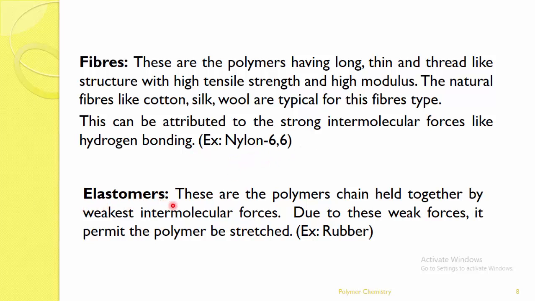Second, elastomers. These are polymer chains held together by the weakest intermolecular forces. Due to these weak forces, the polymer can be stretched. In the name, elasto means it shows a stretching property, like elasticity, because the chains are held together by weak intermolecular forces. Therefore, elastomers have the weakest intermolecular forces, which permit stretching of the polymer.